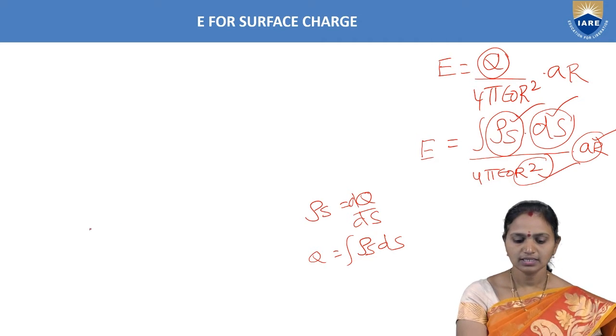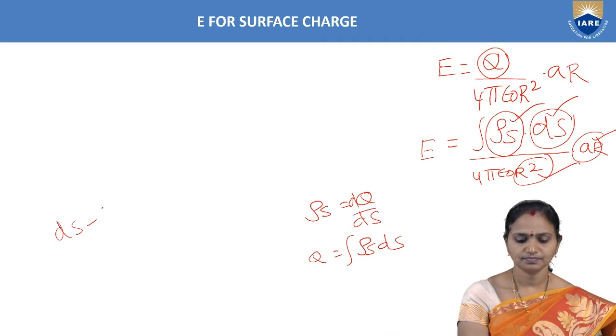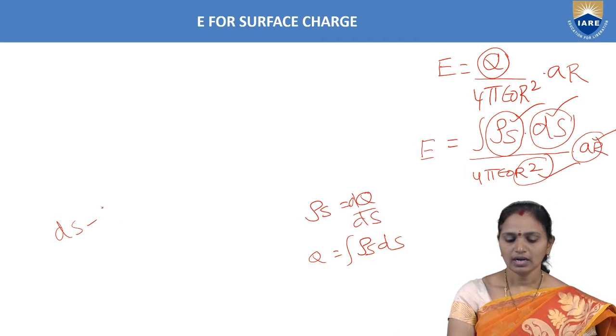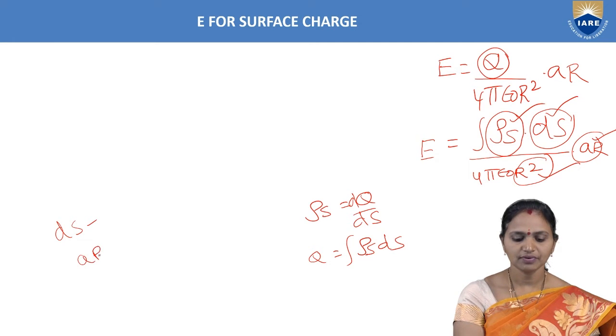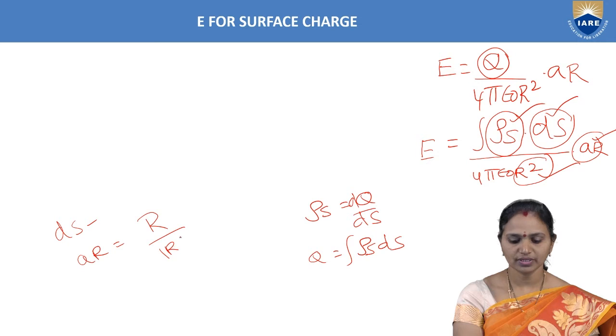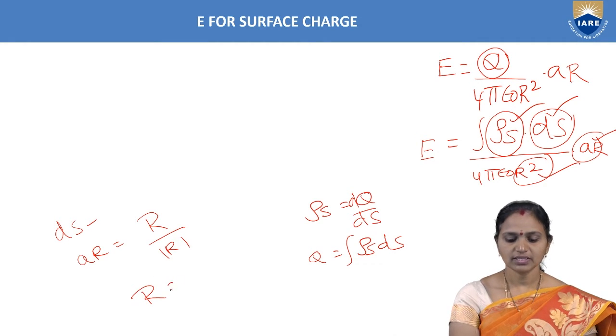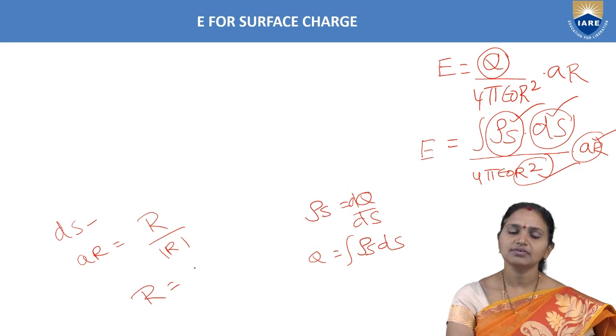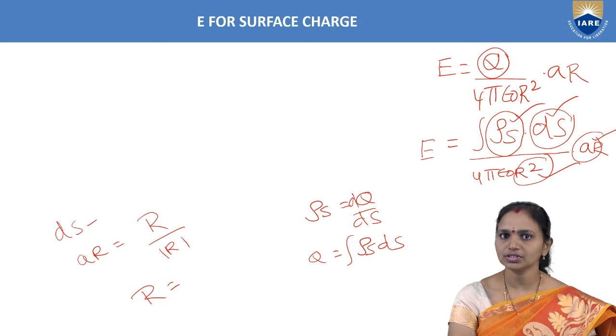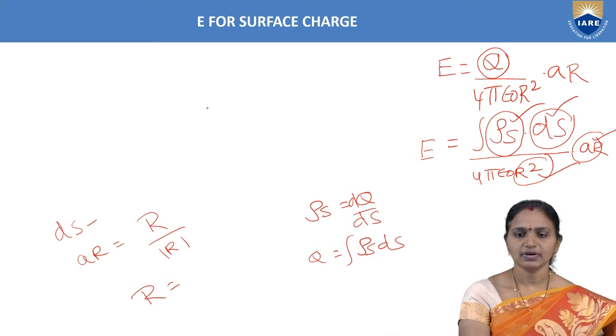And now to calculate those parameters, we must know their meaning. ds here is surface area, and ar is nothing but the unit vector, which is the position vector or displacement vector divided by its magnitude. To calculate the displacement vector r, we must take the difference between the field point and the source point. Here the field point is along the z axis, which is (0, 0, h).